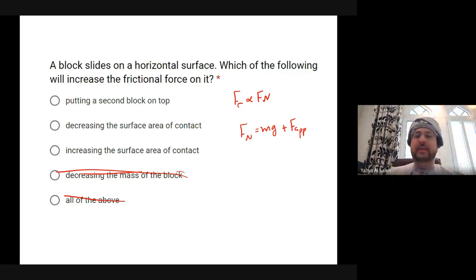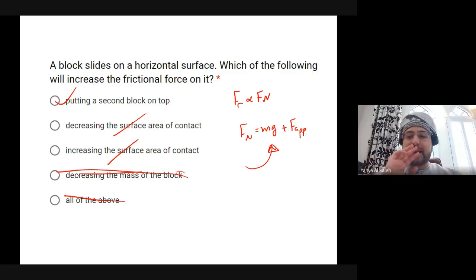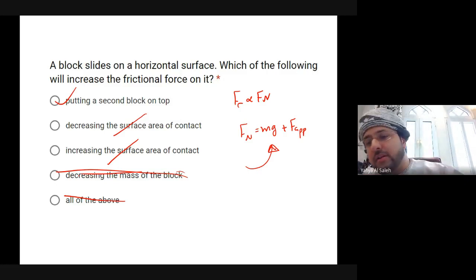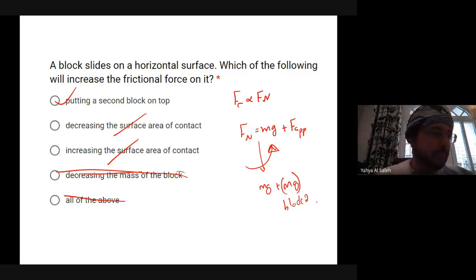Area does not actually factor into this, which means increasing or decreasing the surface area according to this equation does not really make a difference. The only one would be putting a second block on top, because then your Fn would become mg plus mg of block 2.